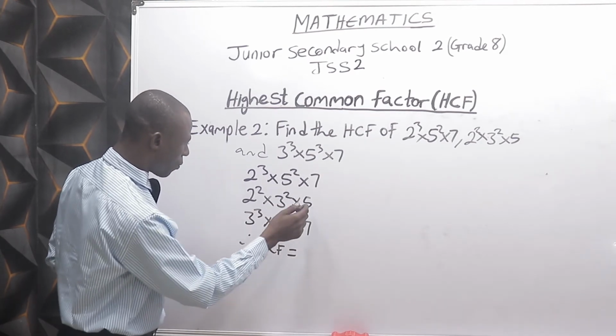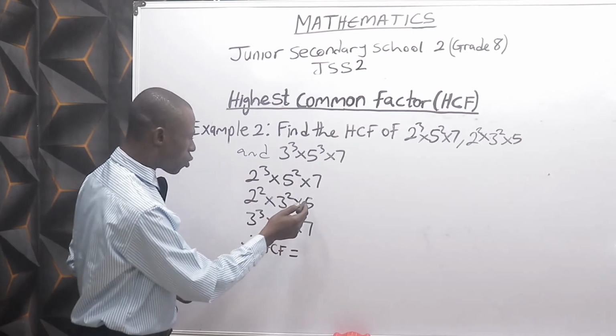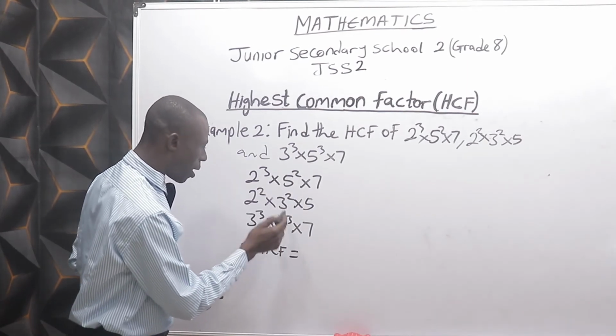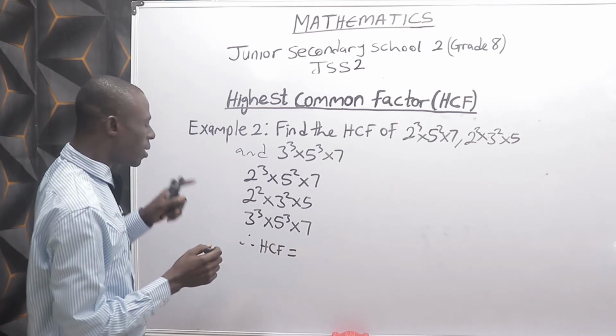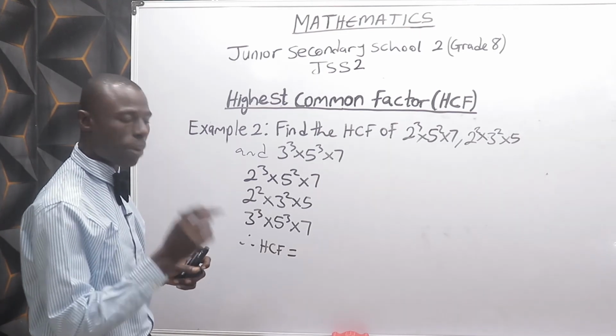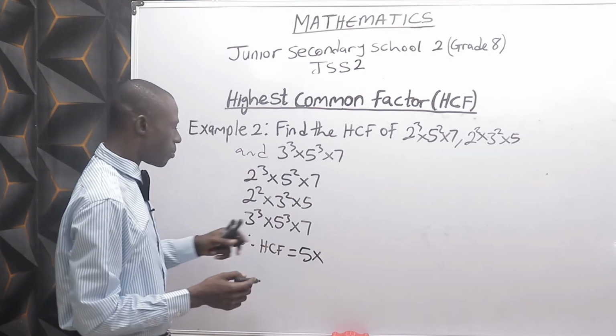So 5 is common, yes. We have 5 raised to power 2 here, 5 raised to power 1 here, 5 raised to power 3. And we take the common factor in its lowest power, the opposite of the highest. So we take 5.